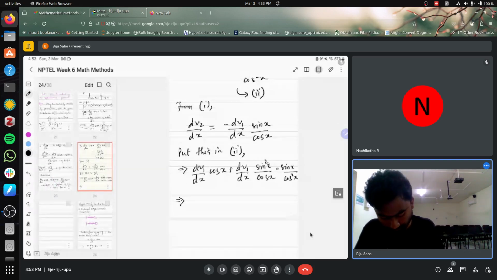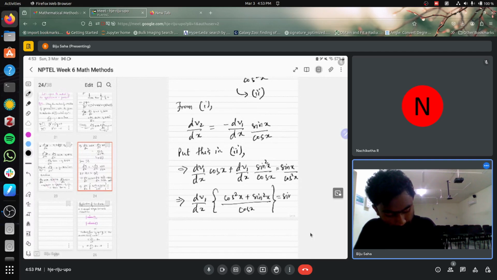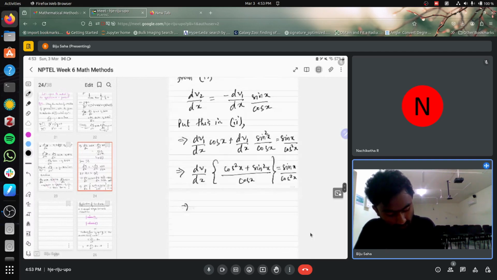So what you have is cos square x plus sin square x over cos x here. So your dv1 by dx is equal to sin x by cos x, that is equal to tan x.